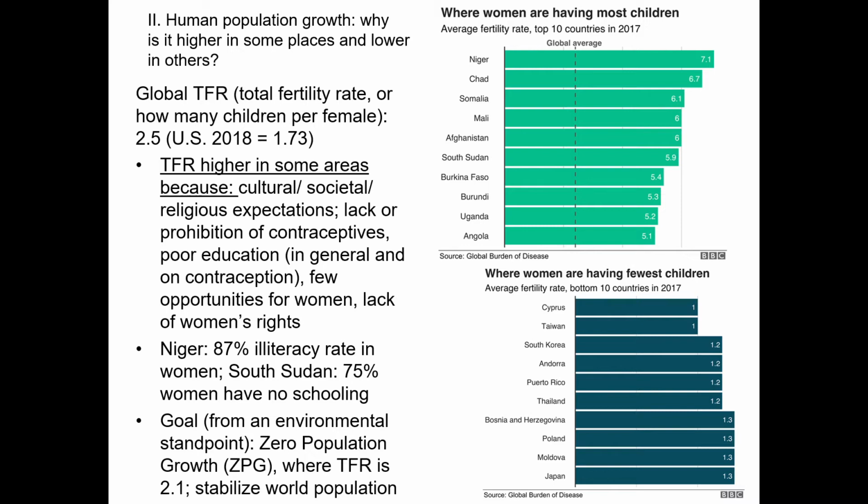And where you're seeing the difference is that the total fertility rate is much higher where you have societal or cultural expectations to have large families, religious expectations, where it's a status symbol to have large families, or, if it's an agricultural society, large families are used to help out with a farm, for instance.